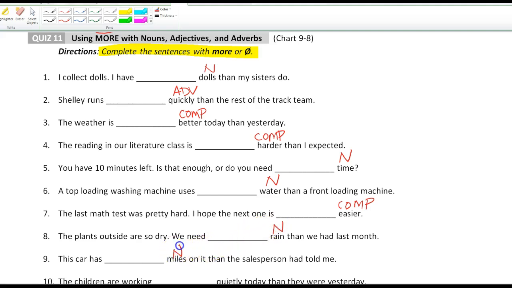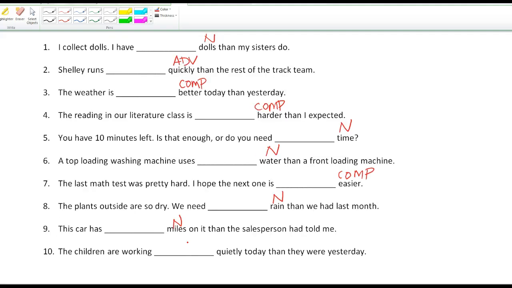Miles is a noun. And quietly is an adverb. Okay, so we cannot use more when we have a comparative. So we would have nothing here, nothing here, nothing here.